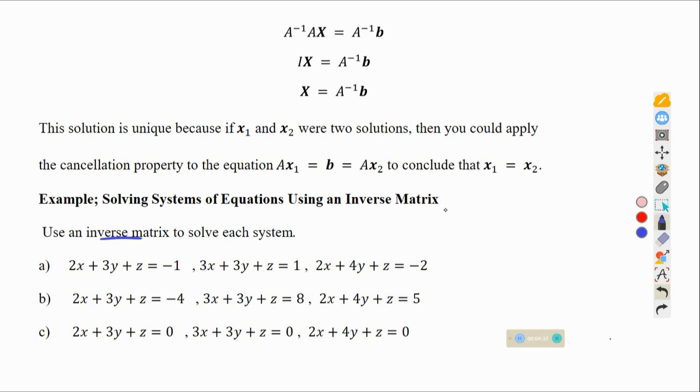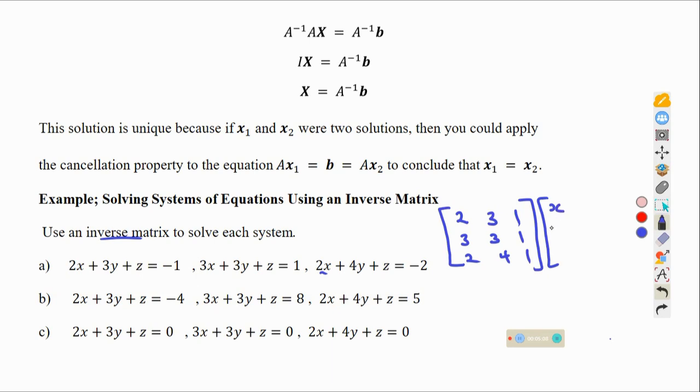So let us place these equations in matrix form. In matrix form, we shall have the first equation, take the coefficients 2, 3, 1, then take the coefficients for this, that is 3, 3, 1, take the coefficients for this, that is 2, 4, and 1. So that is the matrix containing the coefficients of x, y, and z.